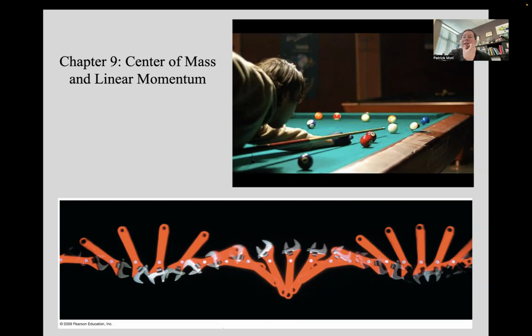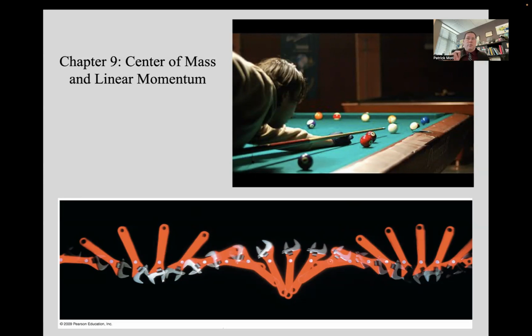So one of the rules of the idea of the center of mass is that effectively all of the mass of this wrench will act as if it's concentrated at that one point, which is conveniently highlighted with the white dot painted on, right? And so the trajectory of the wrench is equivalent to the trajectory of the center of mass of the wrench. So we could take this extended rigid body, the wrench, and treat it as just one mathematical point and get its entire trajectory. And then what is the wrench doing in the meantime?